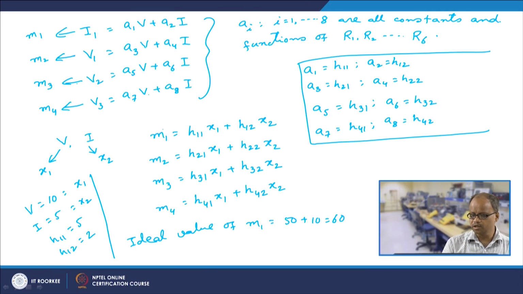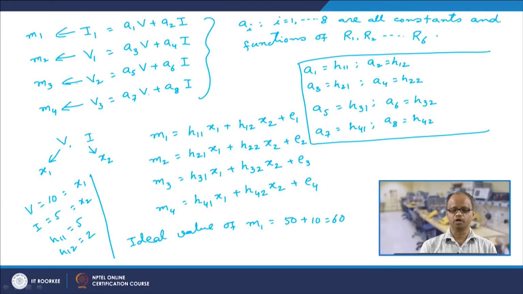What this meter gives is this quantity plus some error E1. Similarly, M2 will give some error E2, M3 will give some error E3, and M4 will give some error E4. So, this is the measurement model.